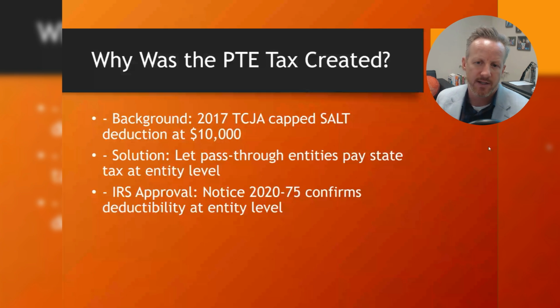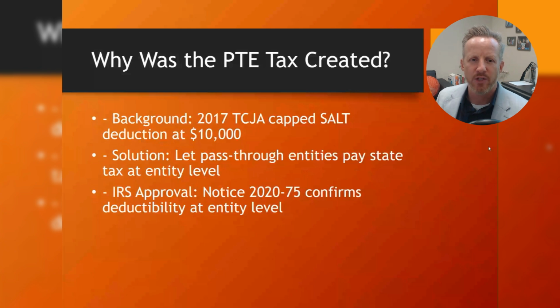So if you bought a $1 million home, which basically gets you a very basic home in most of California, then your property taxes are going to eat up that $10,000 cap, which means you do not get a tax deduction, therefore, on your payment for your state income taxes. Now remember, this is an individual tax. I'm not talking about any corporate taxes or anything like that. This is your personal taxes you pay to the state for income taxes.